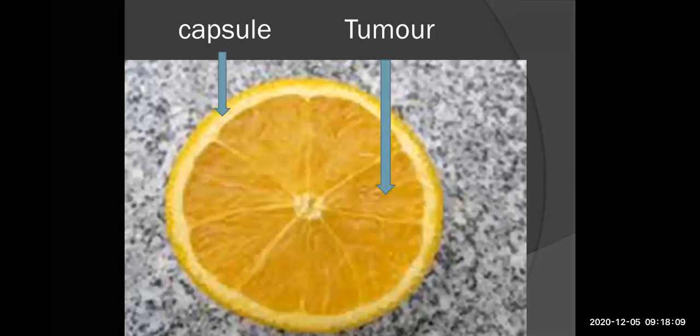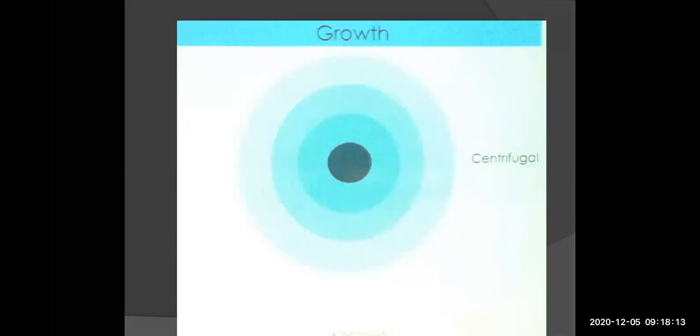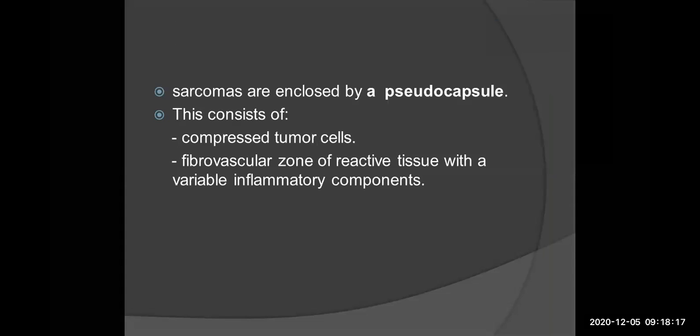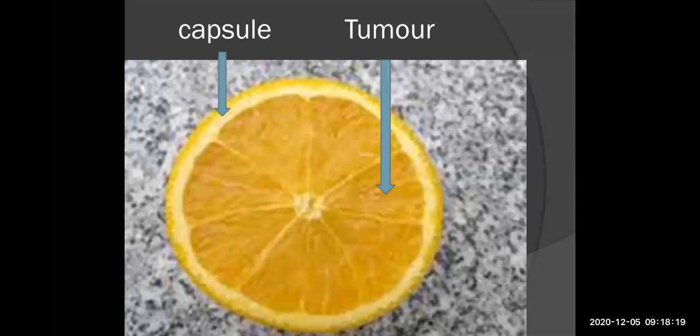Yes. This is the pseudocapsule. The body will try to react to the tumor by forming this pseudocapsule. It's not a true capsule, okay? If the tumor breaks this pseudocapsule, then nothing will stand in front of it.